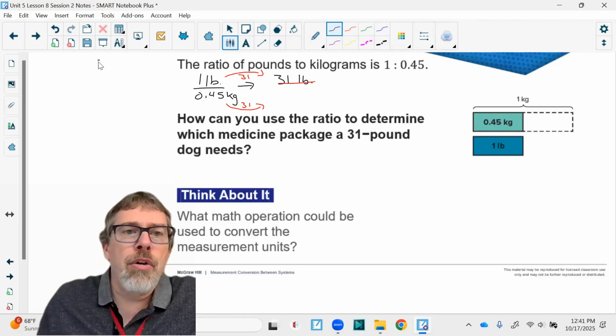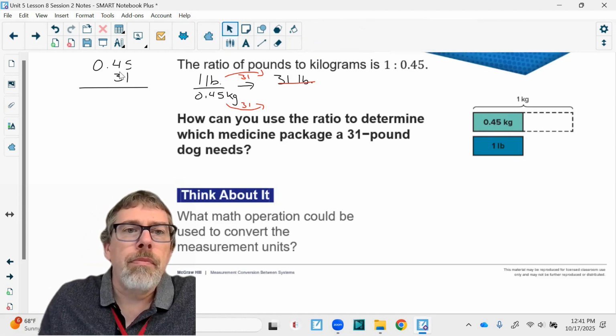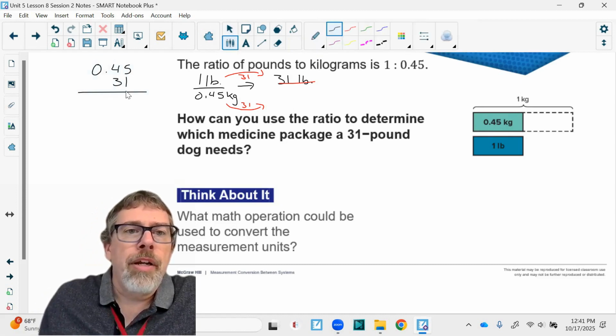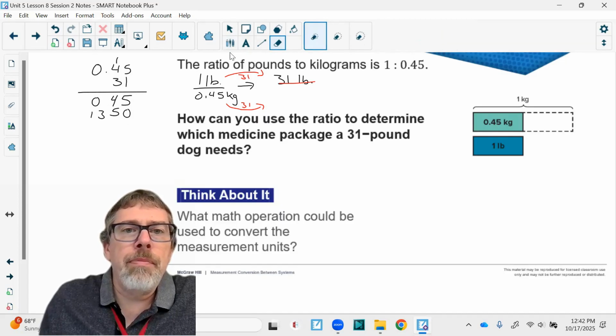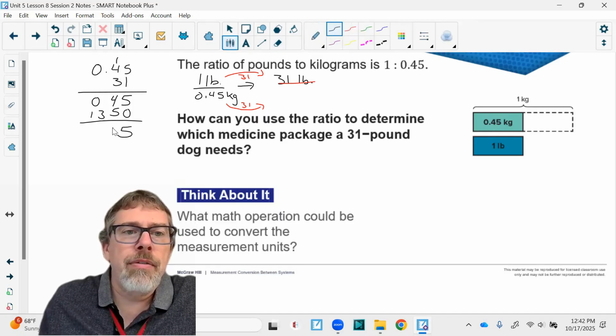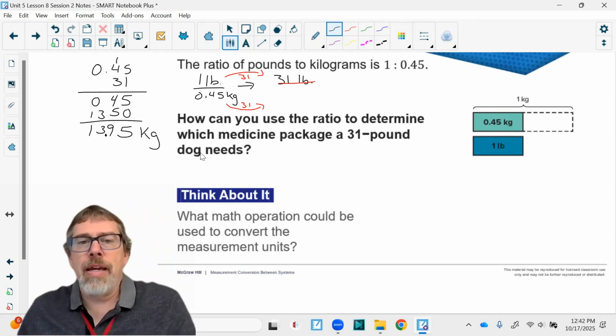If I take 0.45 times 31, I get 5 times 1 is 5, 1 times 4 is 4, 1 times 0 is 0, bring down a 0, 3 times 5 is 15, 3 times 4 is 12, plus that carried 1 is 13. I don't want that decimal there yet. I'm going to add these, and I get 1395, and there are 2 decimal places. So that is 13.95 kilograms to be exact.